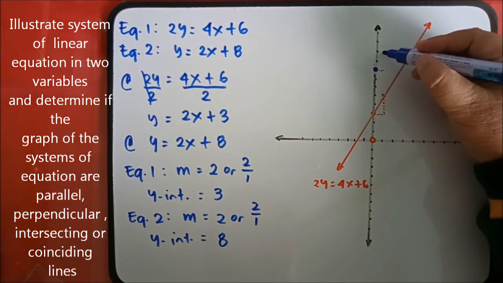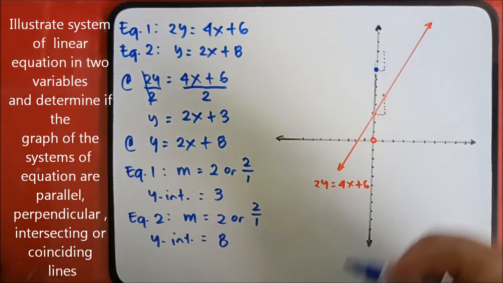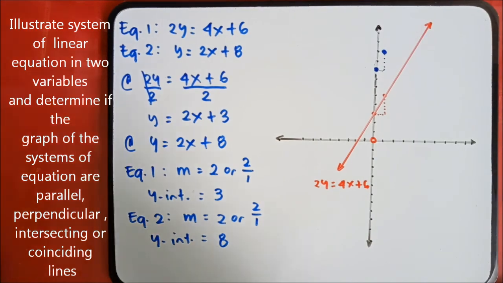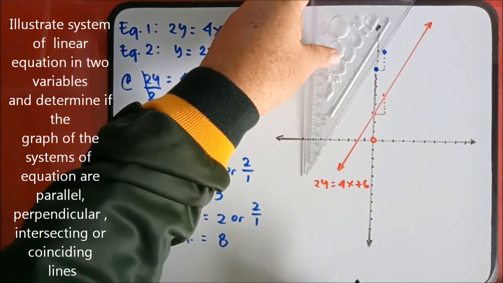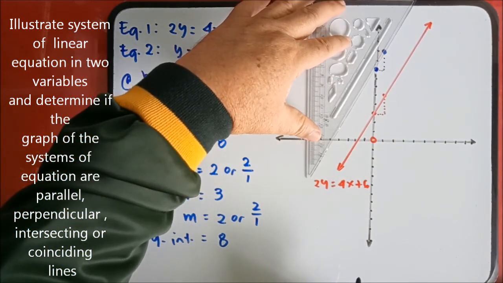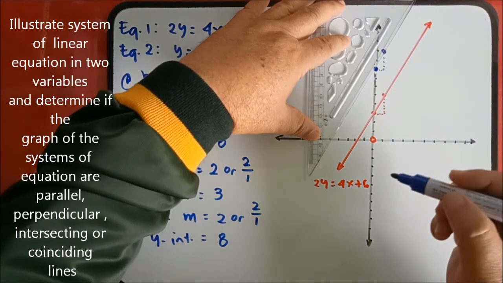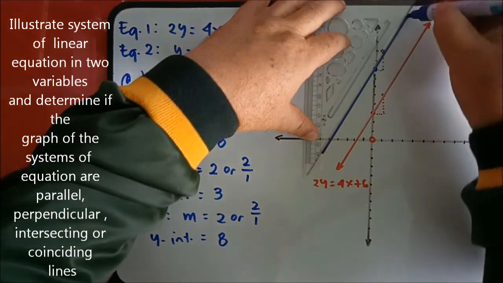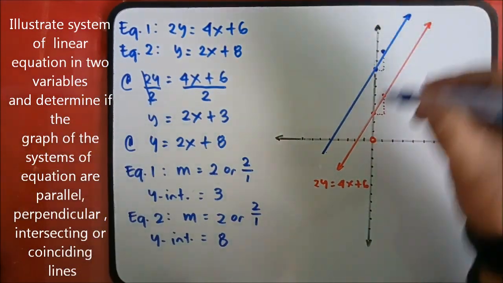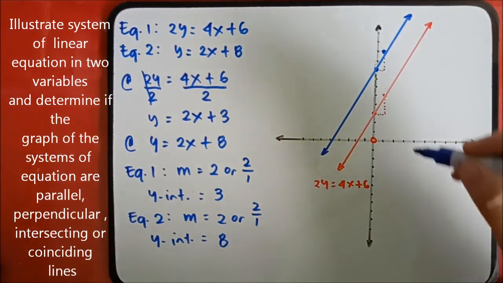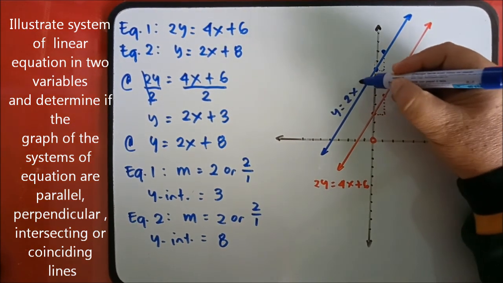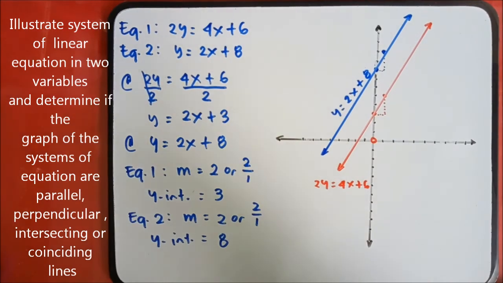Our rise is 2. Then this is our second point. Connect. Okay, so this will be our equation 2. This is y is equal to 2x plus 8.